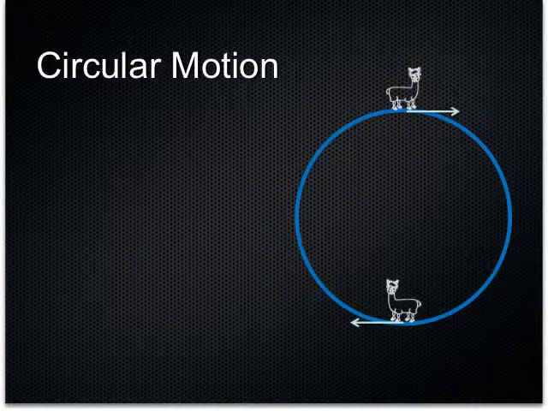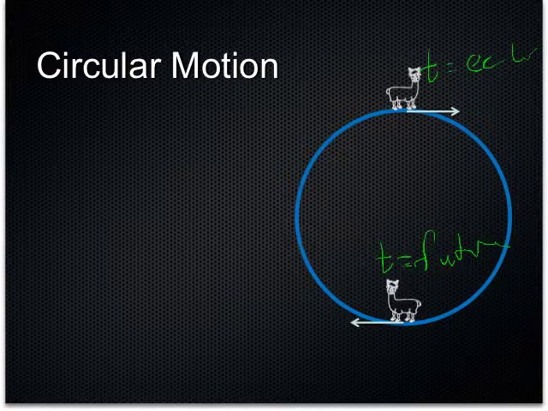Now the last thing we'll look at is circular motion. So we've got some angry llamas, 2 of them. But in fact it's 1. This one is at time equals future. This one is at earlier. It's going to start off there with a certain velocity and end there after a certain amount of time.